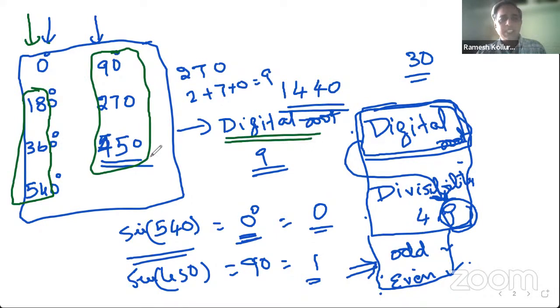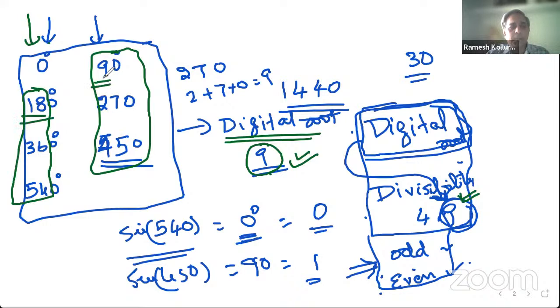So the digital root is nothing but you add the digits and you get one single digit. Generally, whenever 9 is coming, we cancel out all 9s. So then the digital root is 9. Digital root 9 means it is divisible by 9, and then we look at even number or odd number.